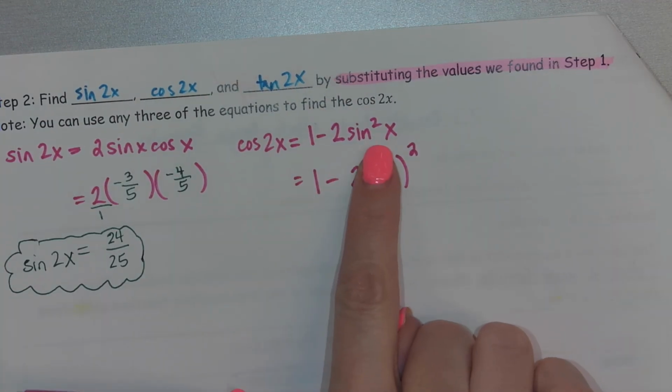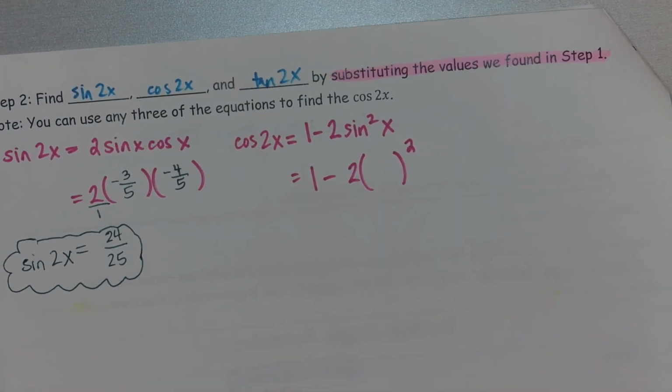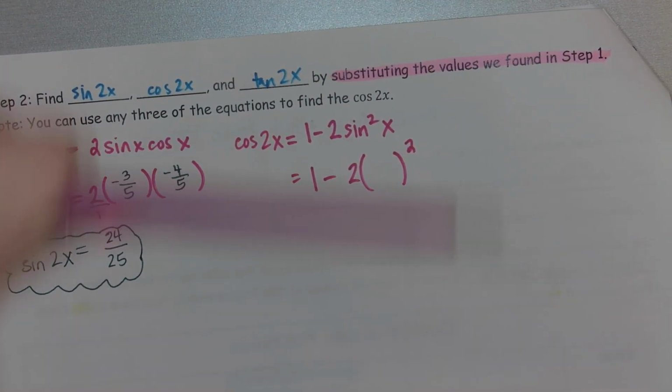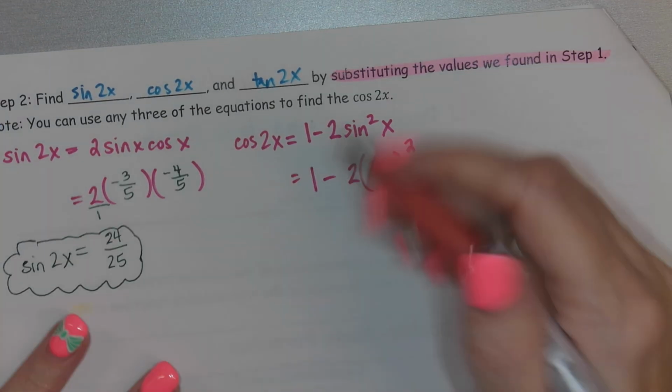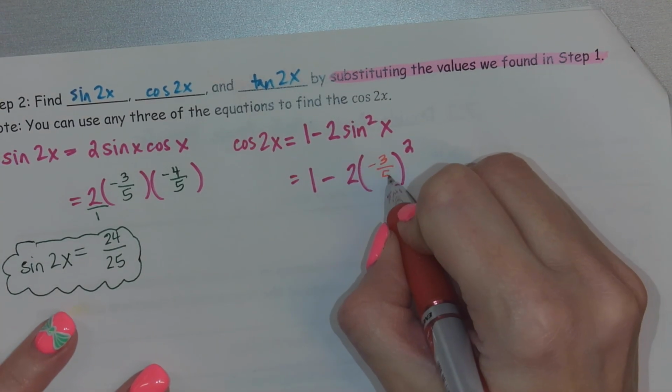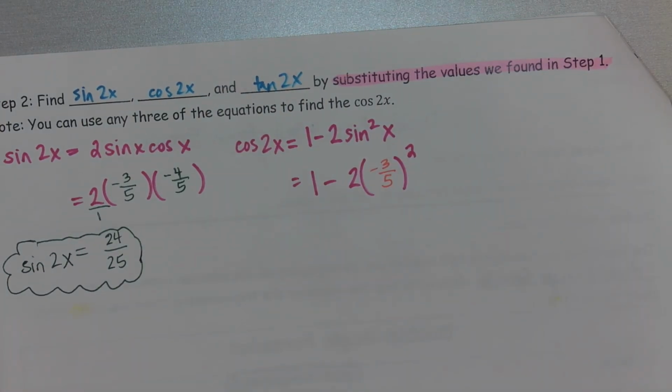And then anytime it's squared, we take that value and we square it. So this is the sine of x squared. So we're going to plug in -3/5. And if you guys want to try another one, you can do that.